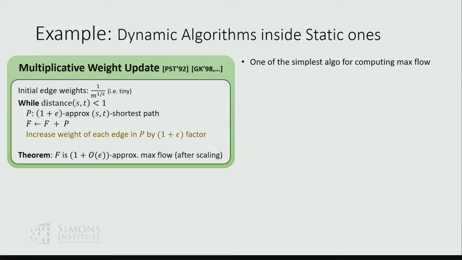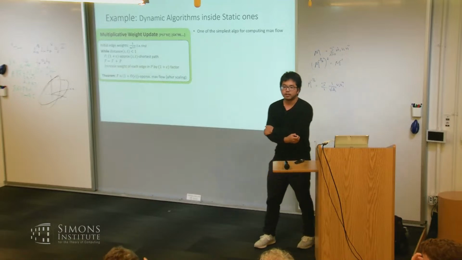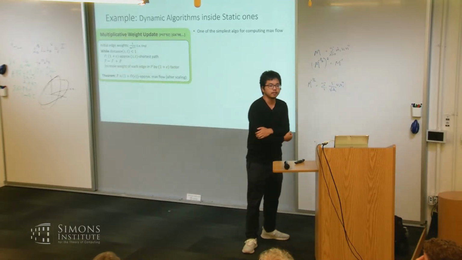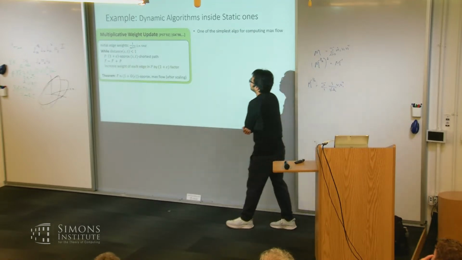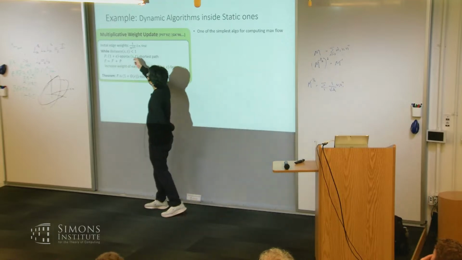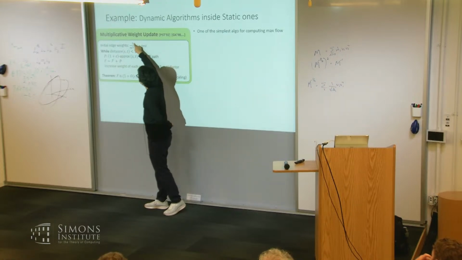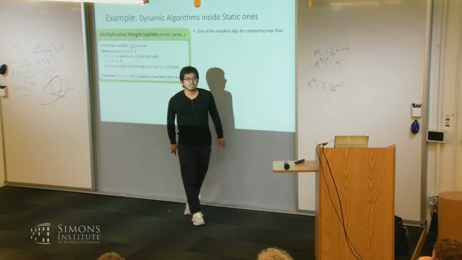Where would your capacities come in? What's the definition of shortest? He said he's doing unit capacity. You can adjust it. You can change the weights in a different way. It generalizes nicely. If you have capacities, the initial weight of each edge will be like 1 over the capacity times some factor.